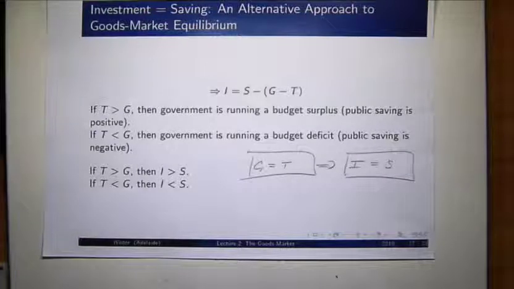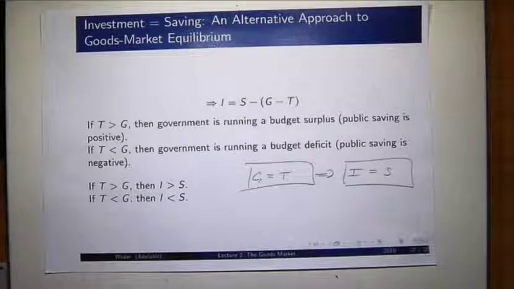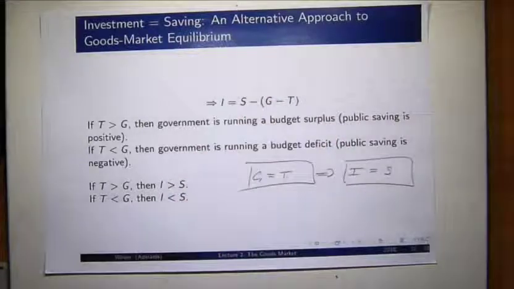Okay. We know that this is the case. Okay, so that's simply some accounting. There's no causality here, but we know that this always has to be the case. This equation always has to hold.